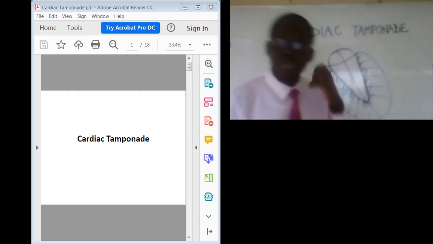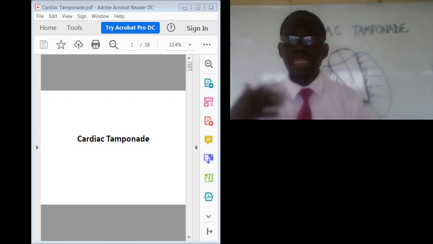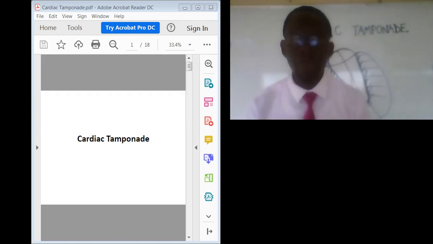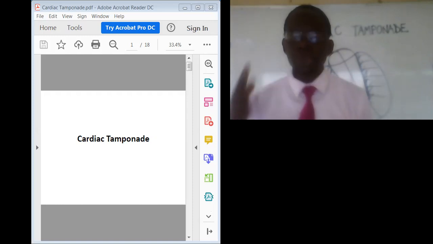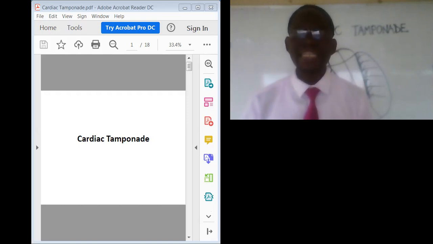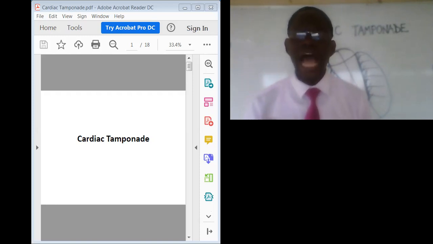Now, how does cardiac tamponade come about? Cardiac tamponade is defined as accumulation of fluids within the pericardial sac to the extent that it limits or inhibits the relaxation and contraction of the heart.